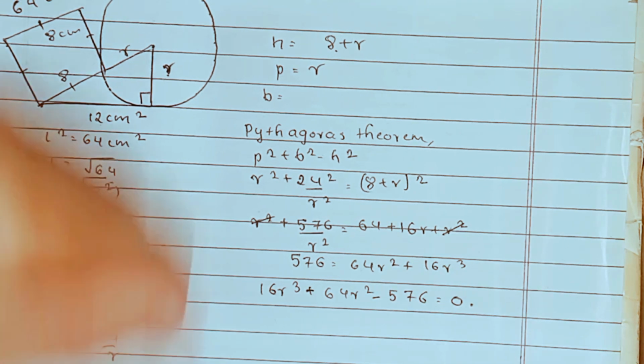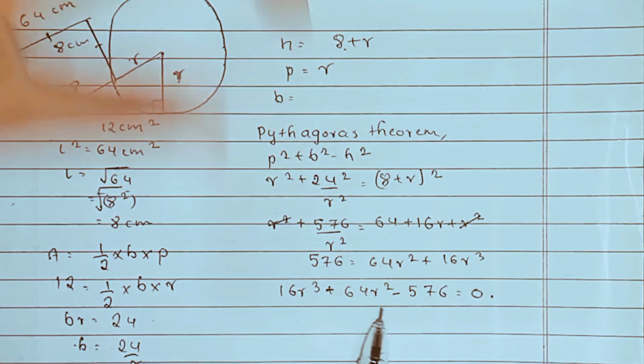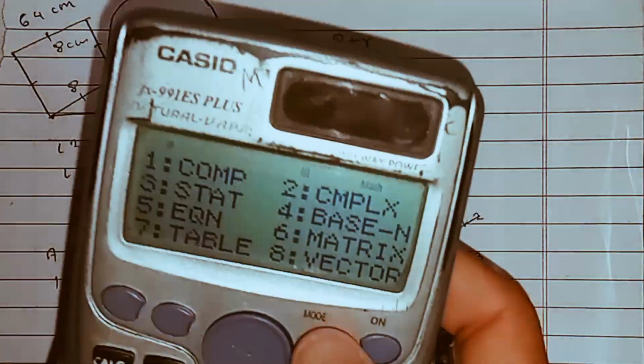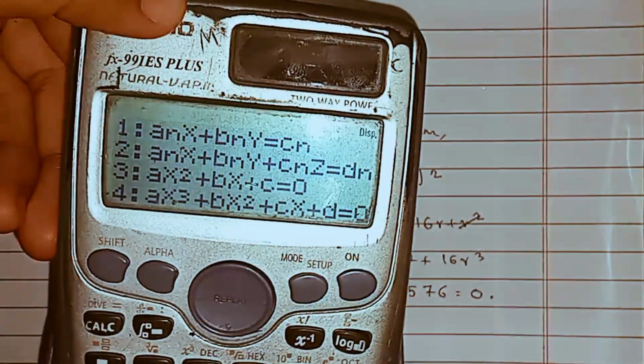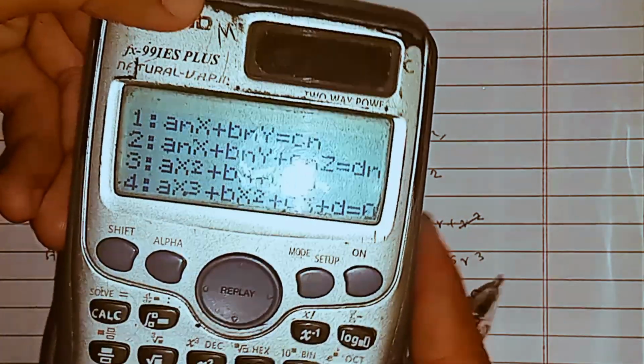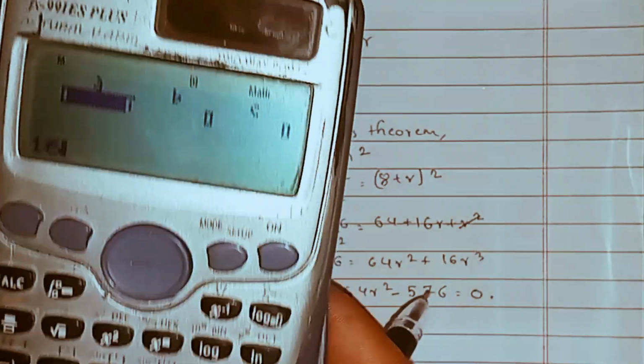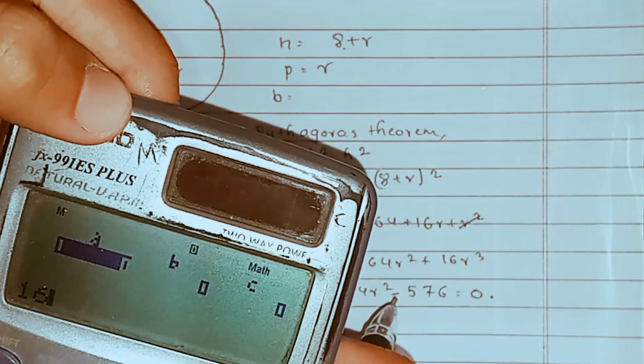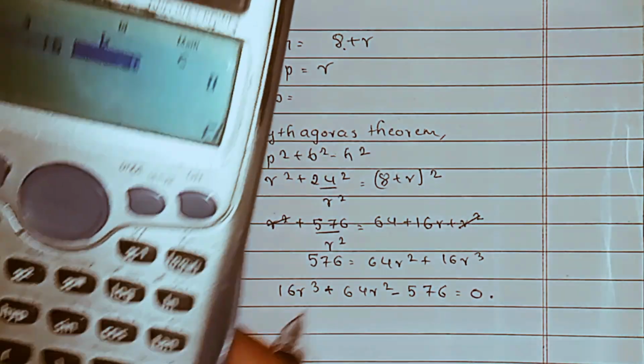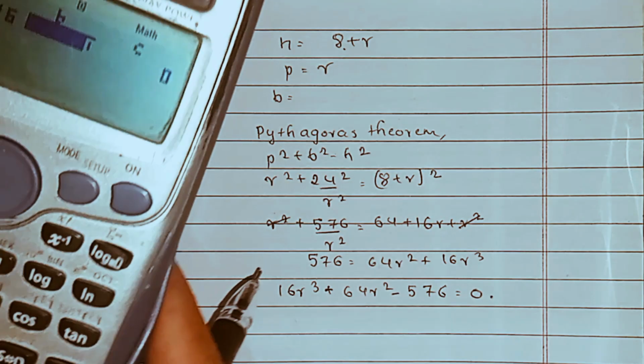Now we have to solve this equation. For solving it I'll use the calculator. You can calculate it by any method, but I'll use this calculator method. So we have a cubic equation, a x cube plus b x square plus c x plus d. Here a is 16, b is 64, and we do not have c.